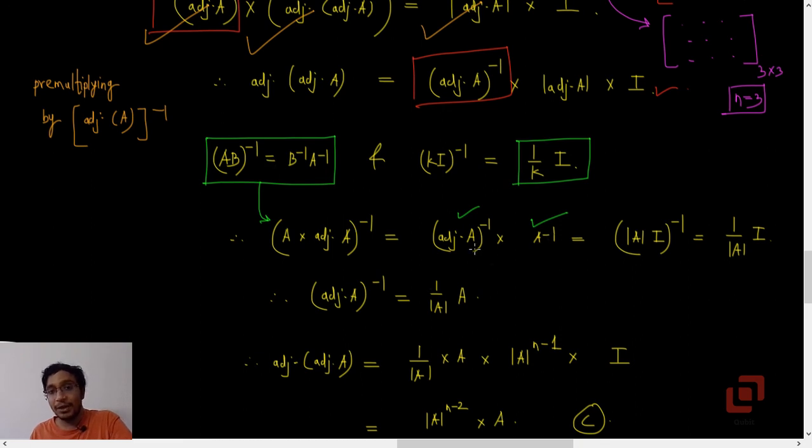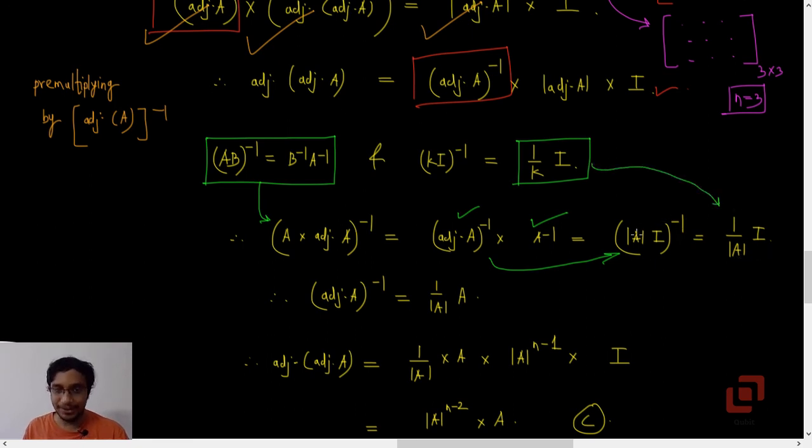But what is A into adjoint A? It is nothing but determinant of A into I. So its inverse will be determinant of A into I inverse, which is 1 upon determinant of A into I.